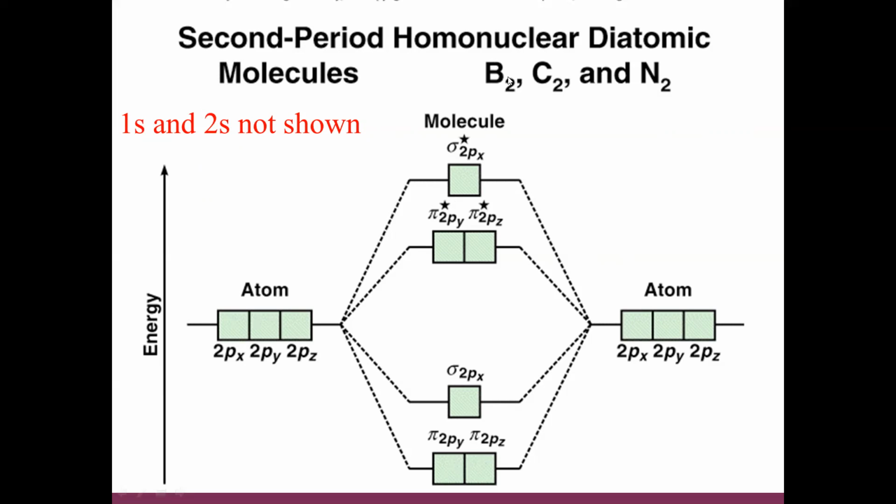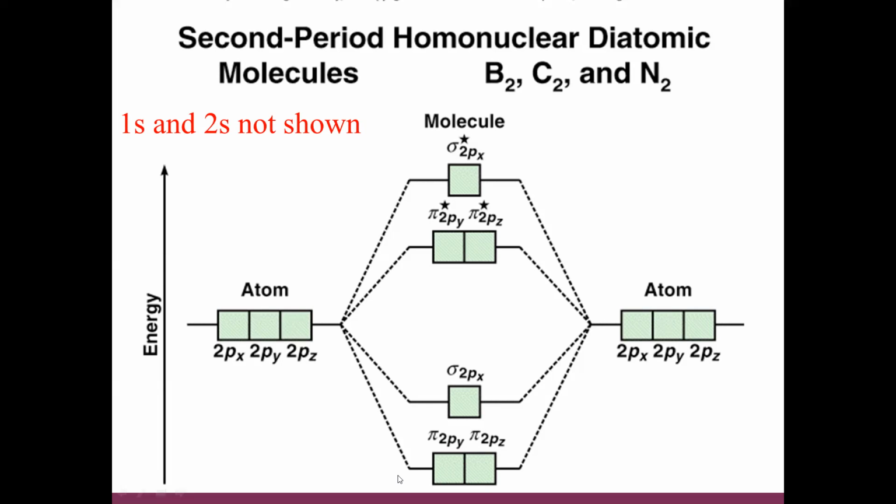For these atoms, for example boron, carbon, and nitrogen, the p orbitals are px, py, and pz. The other atoms also have these.